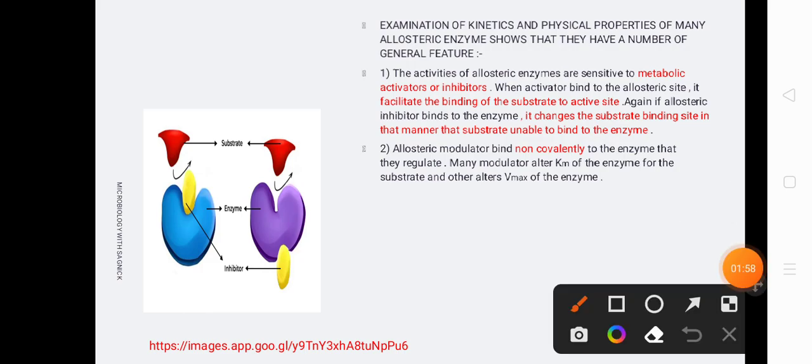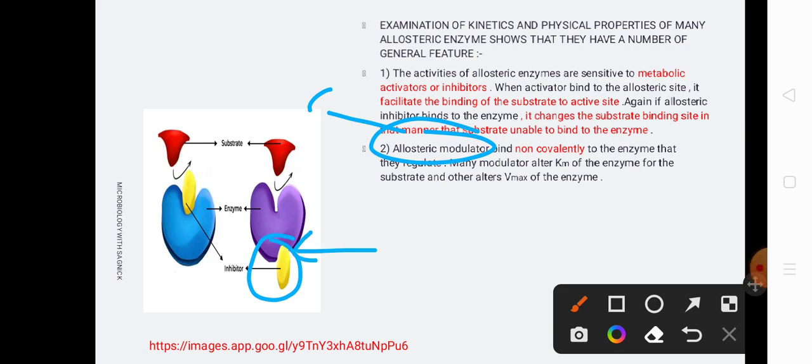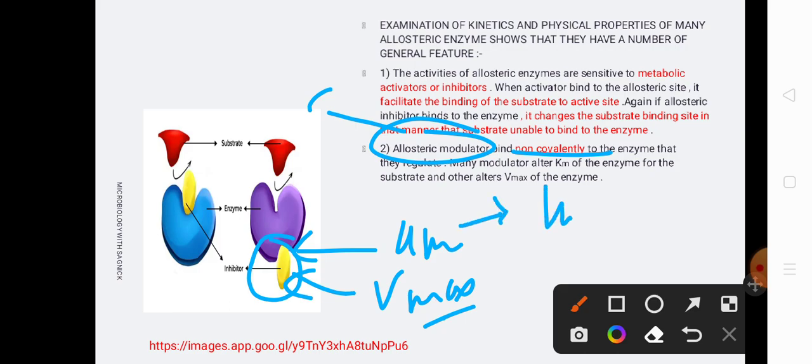Now, the allosteric modulators, which are activators or inhibitors, can bind with the allosteric binding site by non-covalent interaction, and they remain unaltered after the enzymatic reaction. What they will do is either alter the Km of the enzyme for the substrate or the Vmax of the enzyme. Okay, I hope you can remember that if Km increases, then the affinity of the enzyme for the substrate decreases, right?